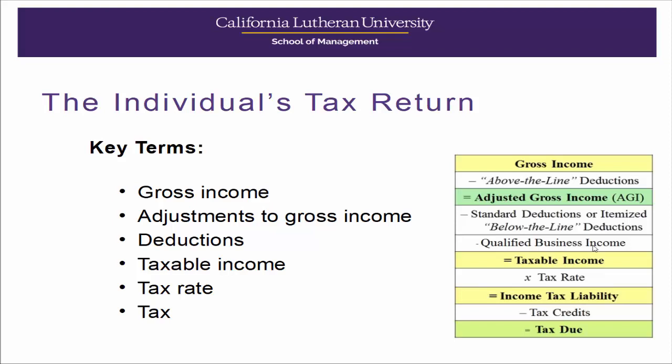And for pass-through business owners, we subtract qualified business income. And that brings us to taxable income. We apply the marginal tax rates to taxable income to arrive at total tax liability, and then we subtract credits and any payments made and come up with a balance due or an overpayment for the client.